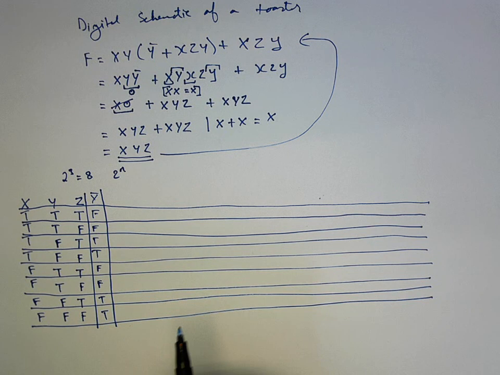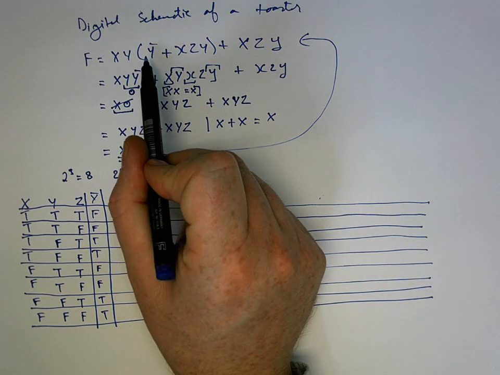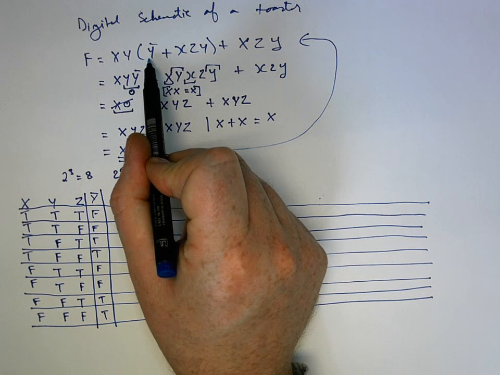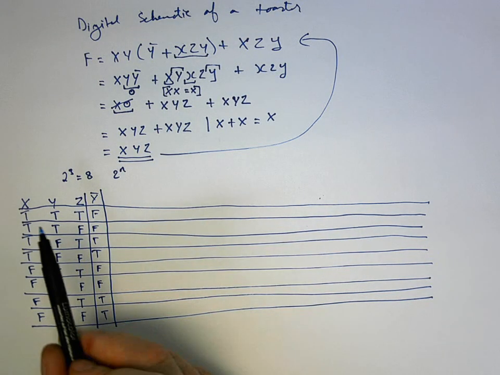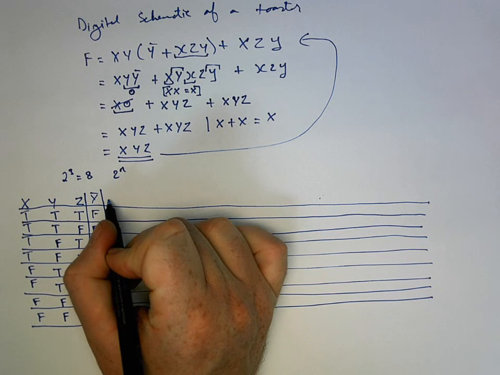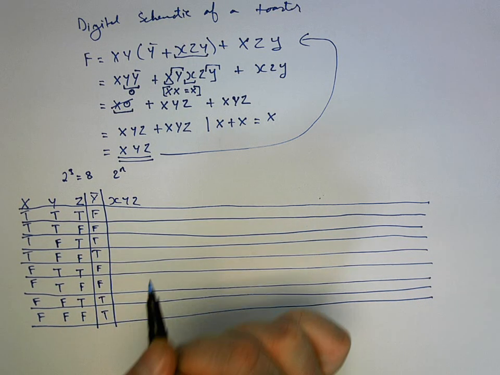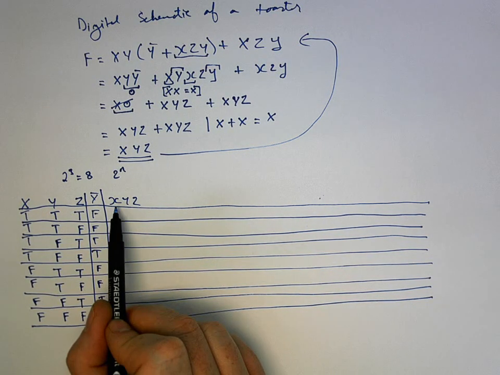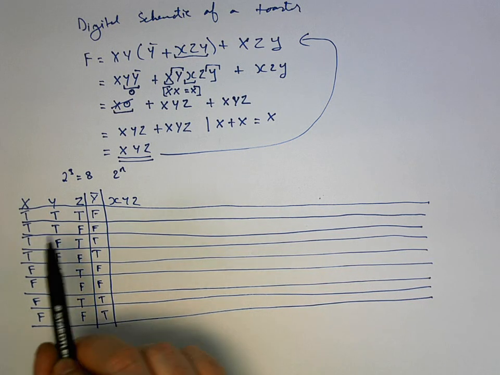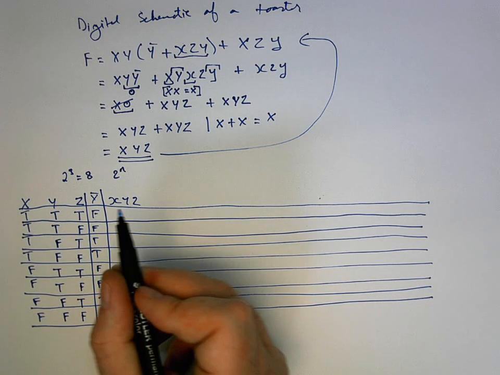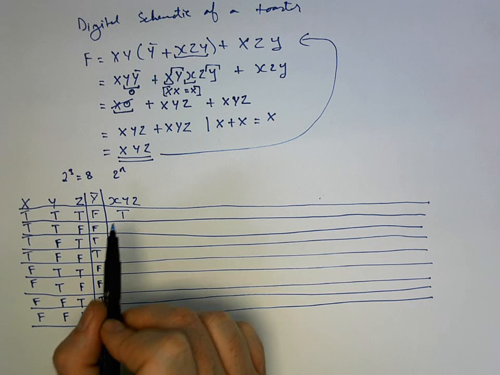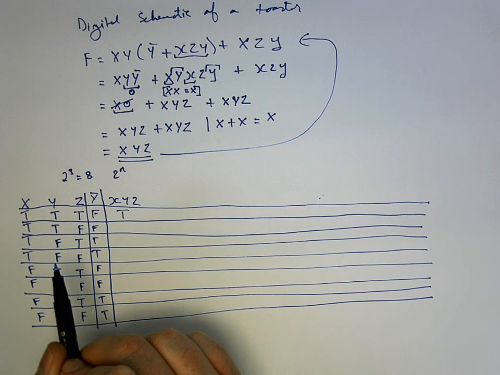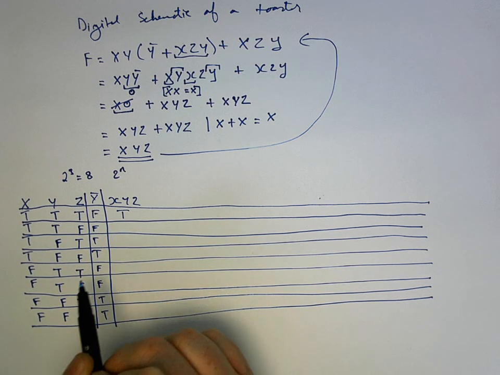Now we'll build up a couple of the other components. We need to have a look at this expression here: not y or x, y, z. So let's look at x, y, z. This is ANDing x, y, and z, so we know that true and true and true is true, but we also know that false ANDed with anything, from our earlier examples, is equal to false.